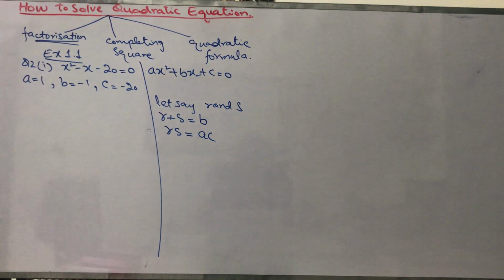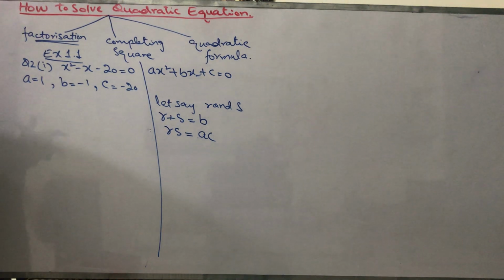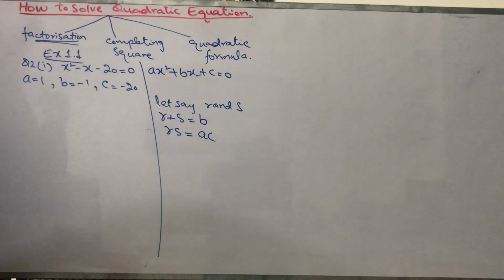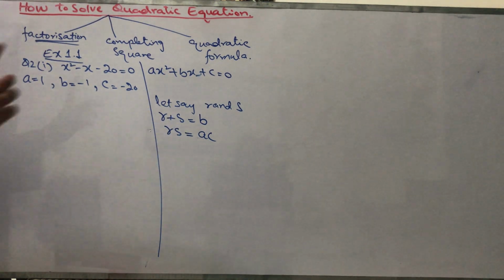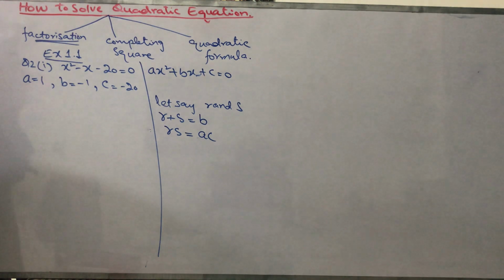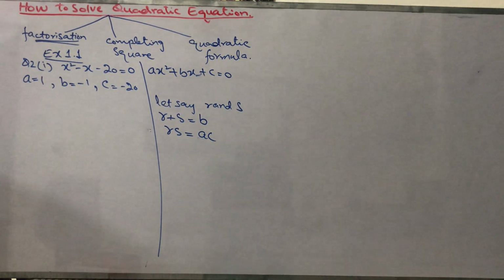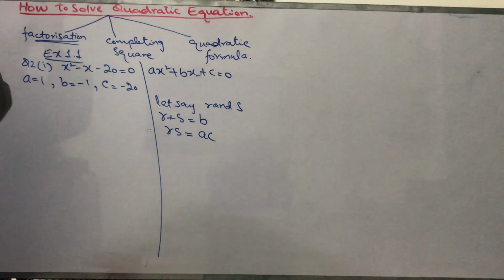Okay? I'm repeating it. You have to think of two numbers, right? Let's suppose r and s are the two numbers. When you add them, your answer should be equal to b. And when you multiply them, your answer should be equal to a multiplied by c, right?